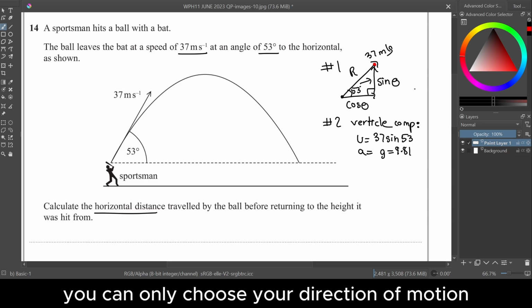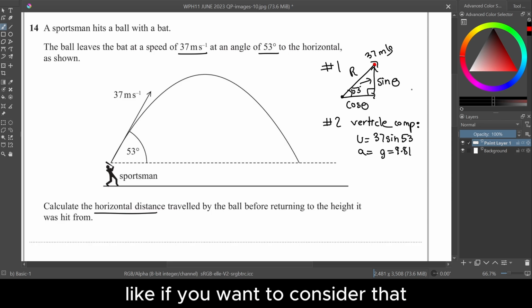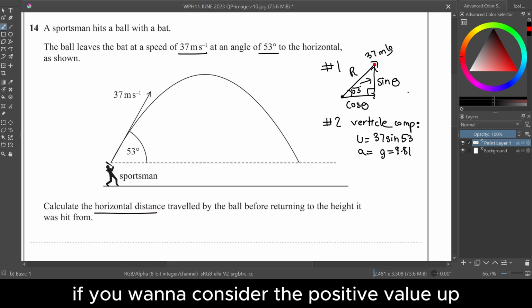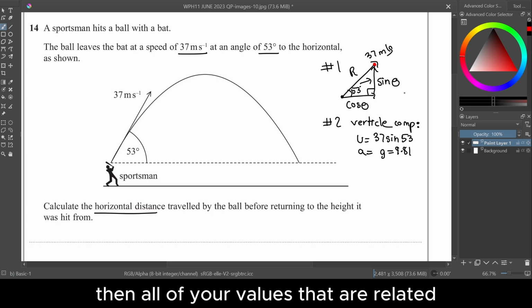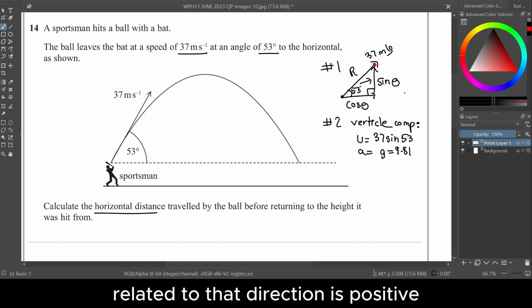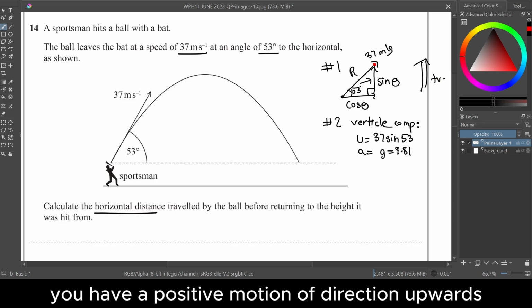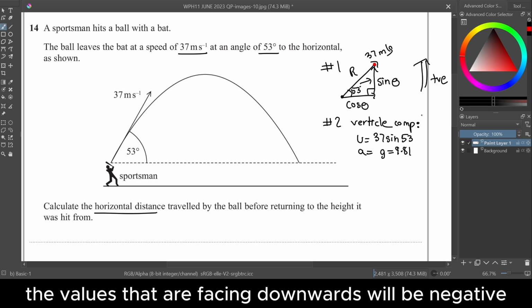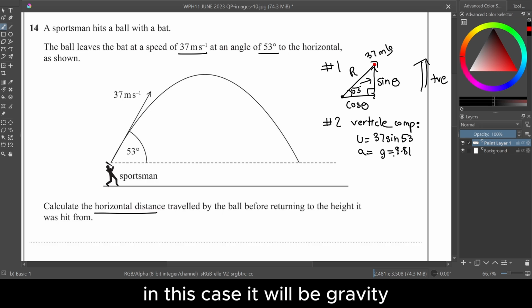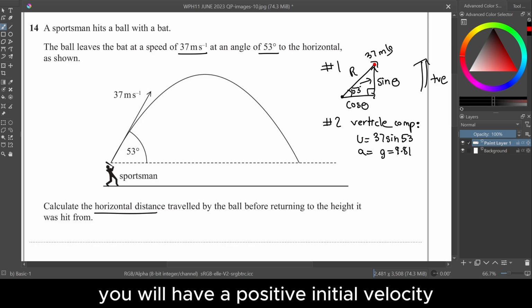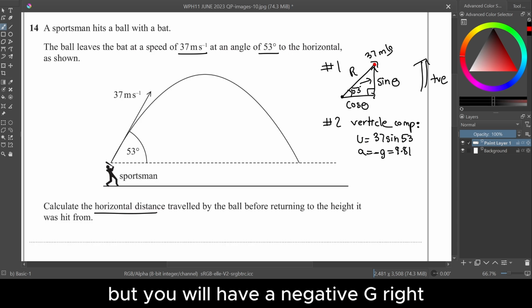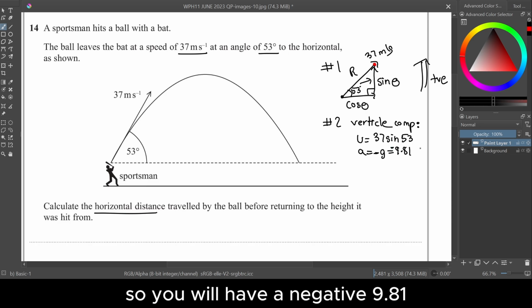You can only choose your direction of motion, basically where your ball is going. Like if your ball is going up, if you want to consider up as positive, then all of your values that are related to that direction are positive. For example, if you select a positive direction of motion upwards, then whatever values are facing downwards will be negative, right? For example, in this case it will be gravity. You will have a positive initial velocity, but you will have a negative g, right? So you will have a negative 9.81.